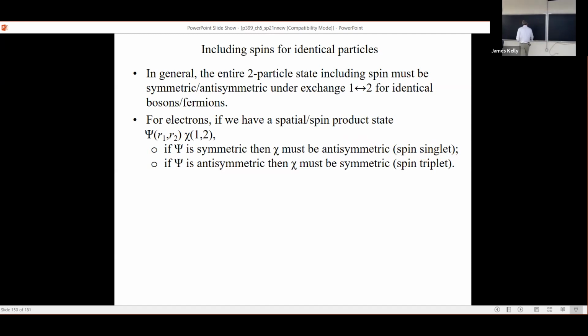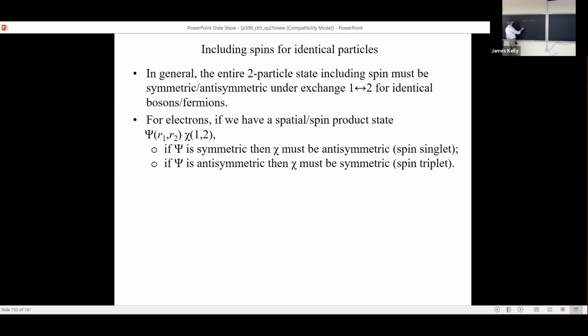The singlet state looked like up, down, minus down, up, where this is the Z spin of particle 1, Z spin of particle 2. This is anti-symmetric under the interchange of the 2.